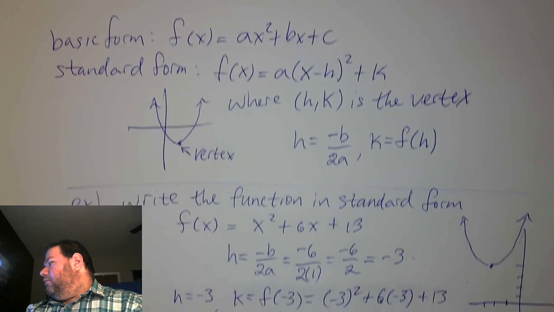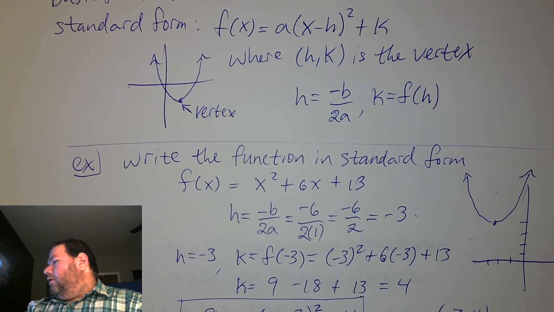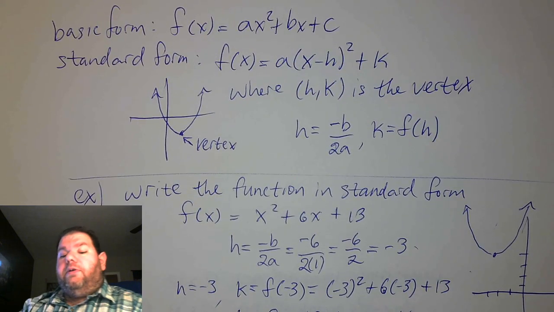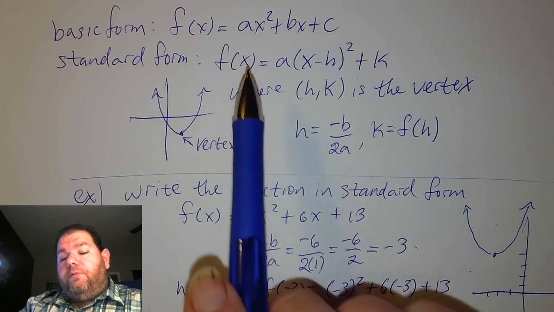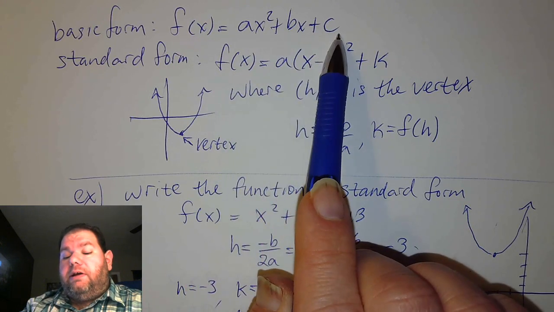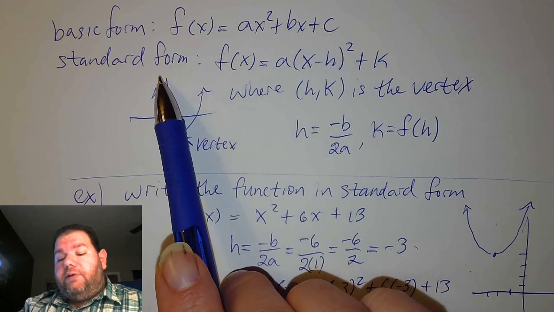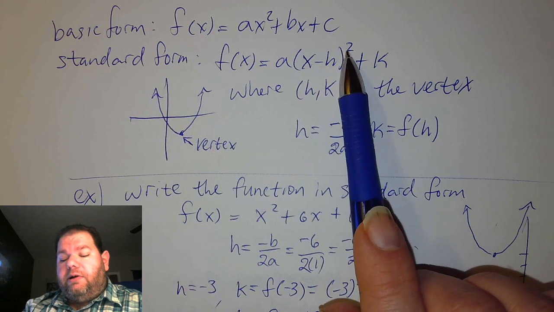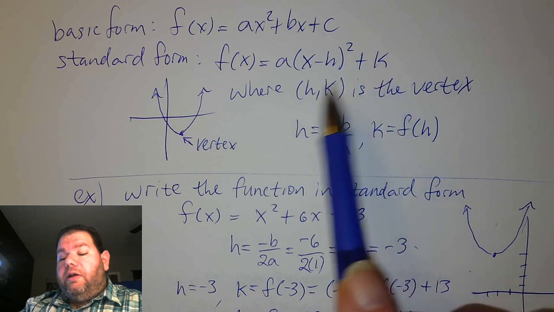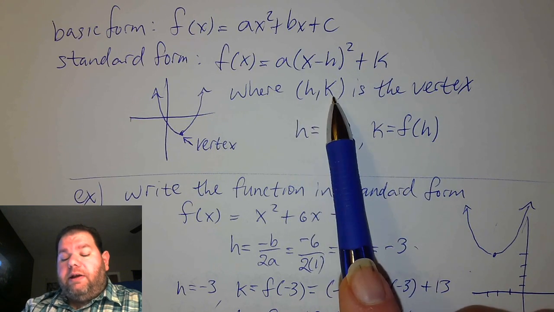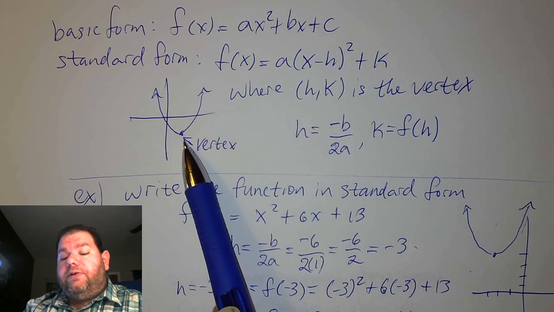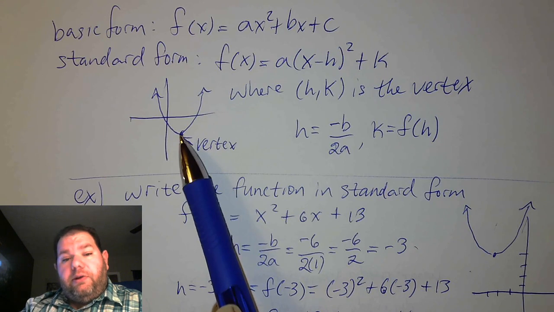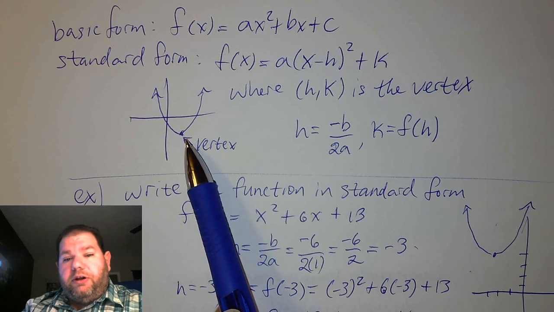Okay, so we said that the basic form was ax squared plus bx plus c, and we established that the standard form was a times x minus h squared plus k. We said the coordinate h comma k is the vertex of the parabola, which is either the lowest point or the highest point, depending on which way it's facing.